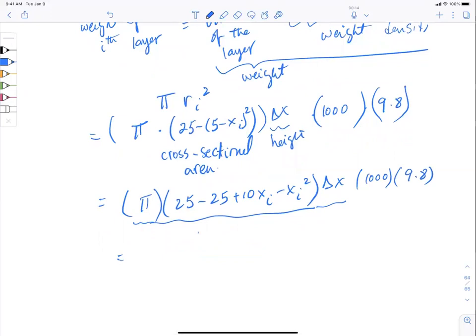So it's going to be 9,800 pi. I just did this part on pi times, the 25s cancel out, (10xi minus xi squared) delta x.